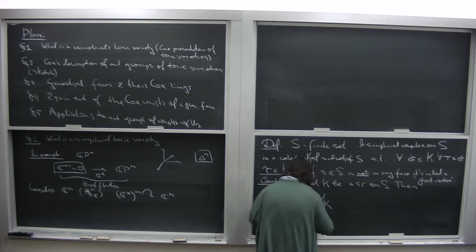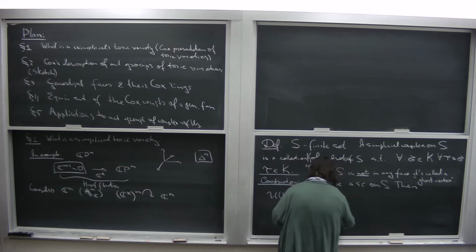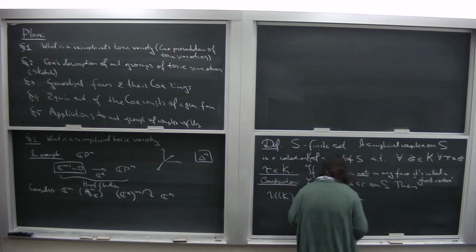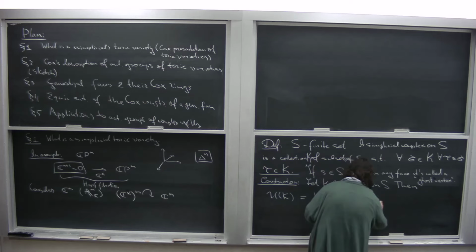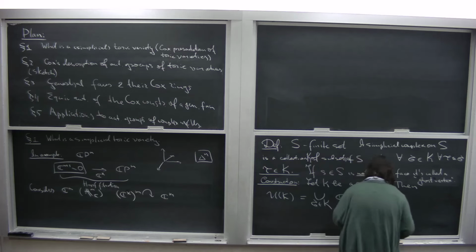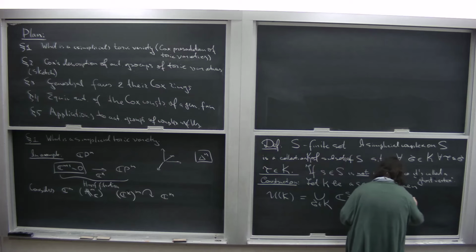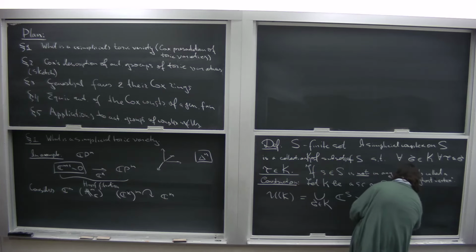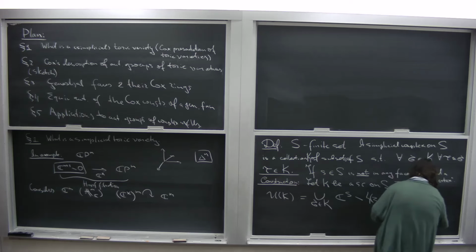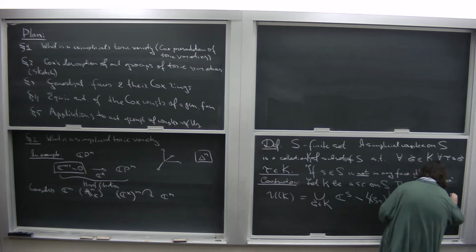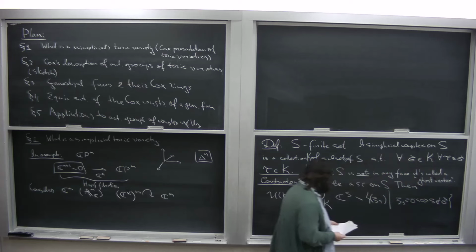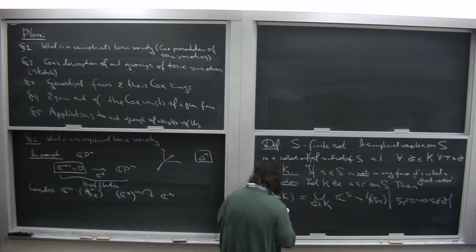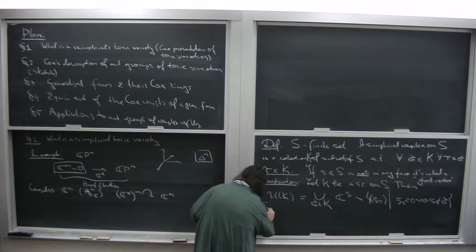We take the union over all faces of K of C^S minus the hyperplanes which are determined by complements of faces in K. So in particular, let's consider an example.